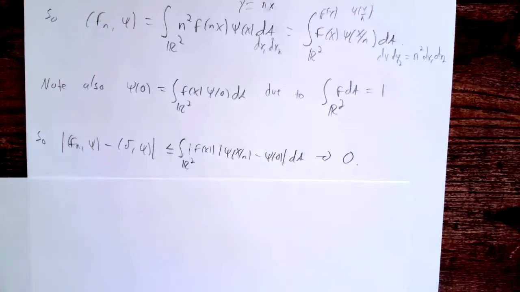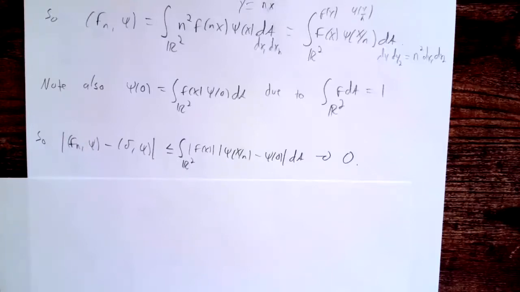In the distributional sense, Dirac delta is a limit of functions that rapidly decrease to 0 and all have integral equal to 1, and the y values tend to infinity as you take the limit.